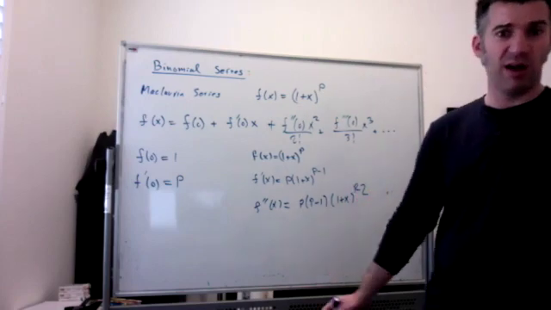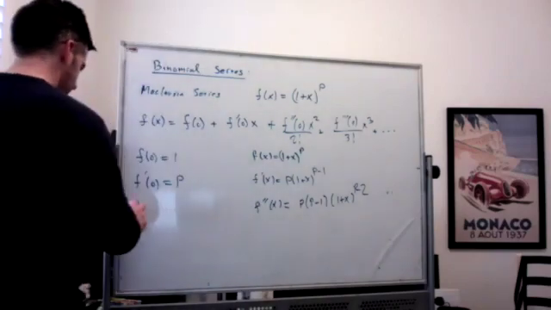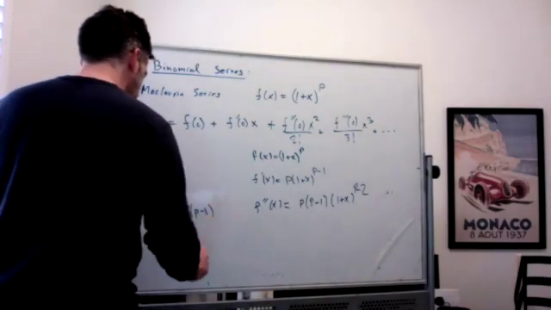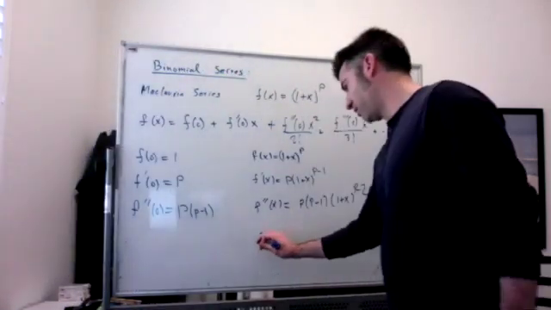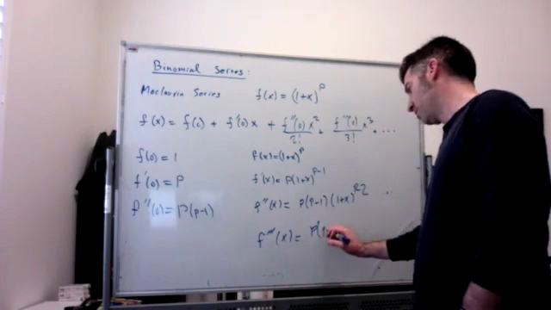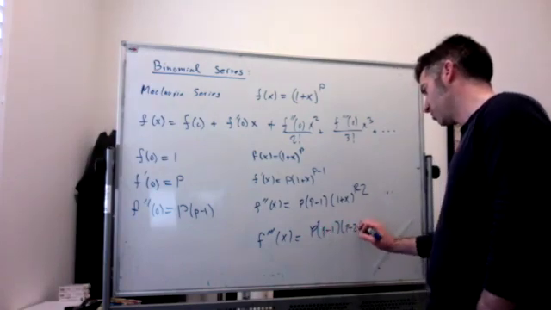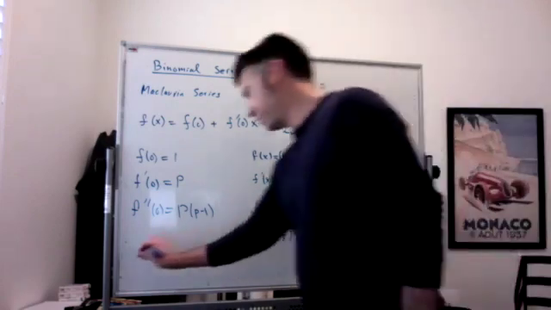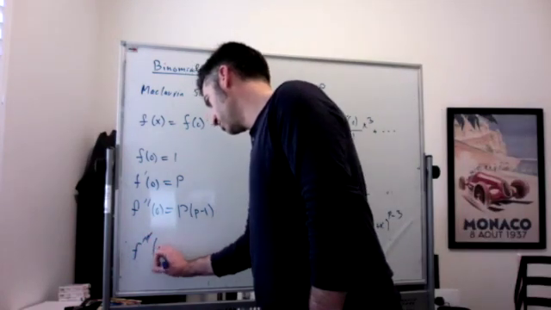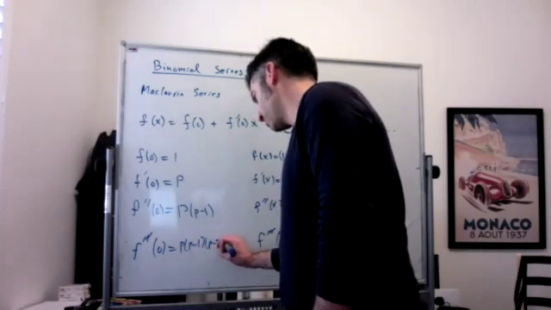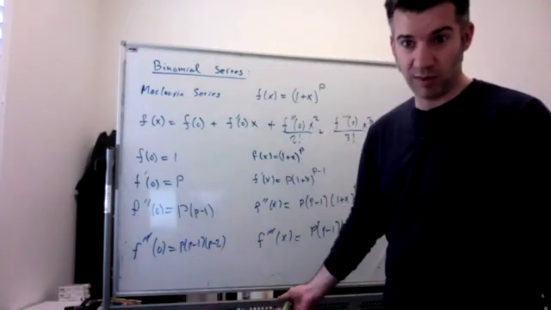It doesn't seem quite as awful as I made it out to be. The second derivative at 0 is p times p minus 1. It keeps going this way. The third derivative is p times p minus 1 times p minus 2 times 1 plus x to the p minus 3, so at 0 it's p times p minus 1 times p minus 2. And it just keeps going this way.